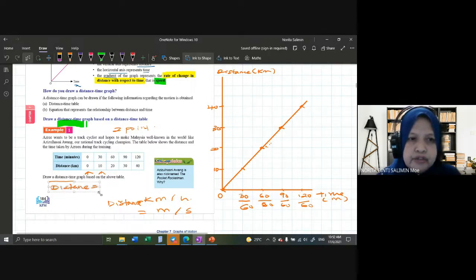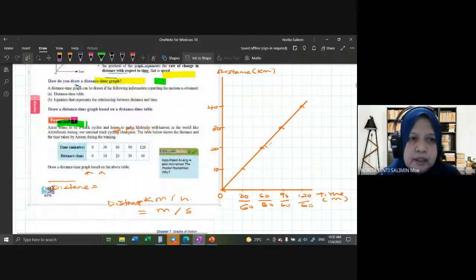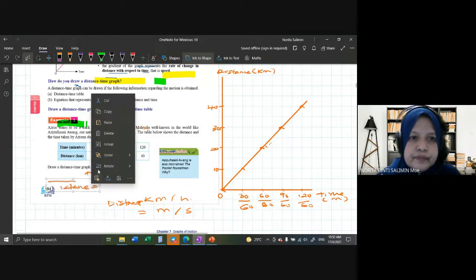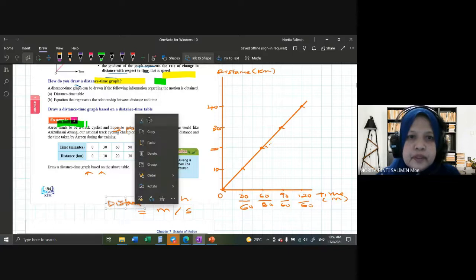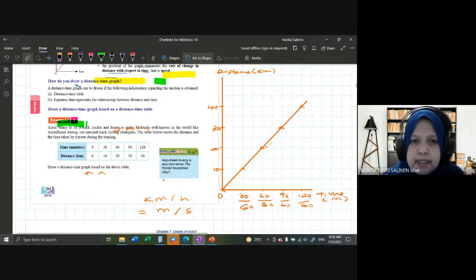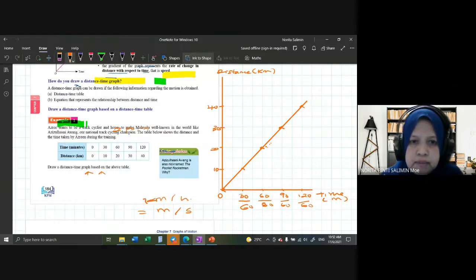Kilometer per hour is the unit for speed, not distance. Speed, laju. Speed always uses kilometer per hour.